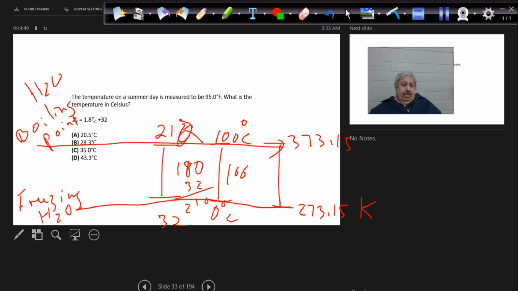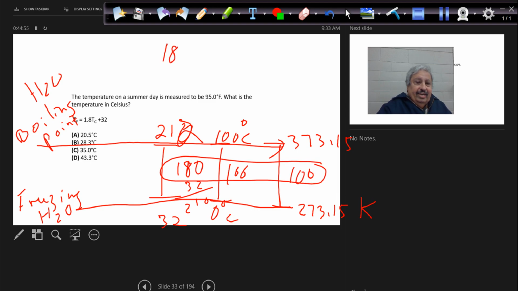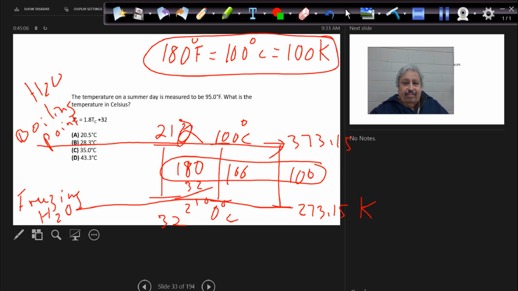So here it is, 100. So that's what I want to see: 180 Fahrenheit equal to 100 centigrade Celsius equal to 100 Kelvin. This is what I have to memorize out of all this, the freezing and then 212.